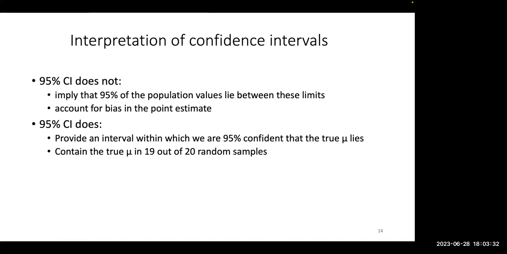It accounts for the bias of that actual sample, but it's not the only way to quantify a bias. It gives you an idea of the bias. The 95% CI does provide an interval in which we are 95% confident that the true mean, mu, lies, and that it contains the true mu in 19 out of 20 random samples.